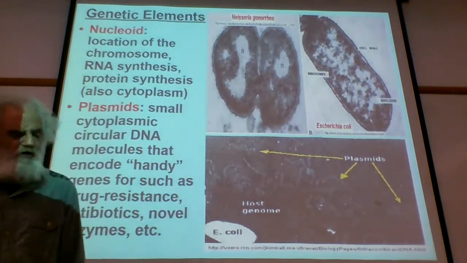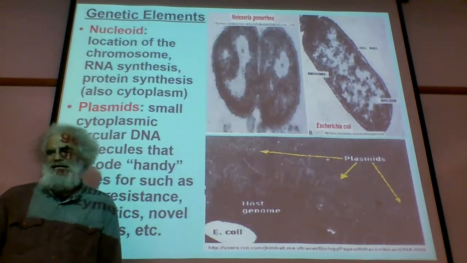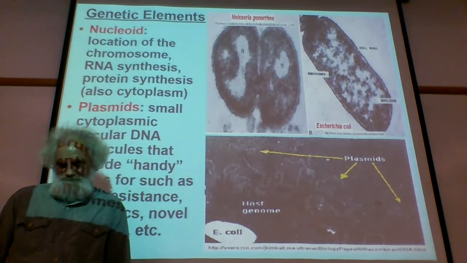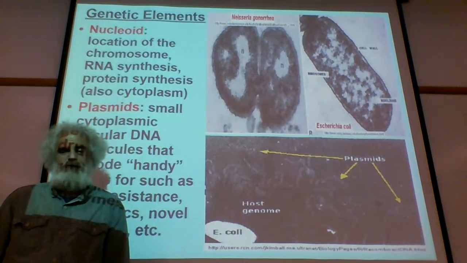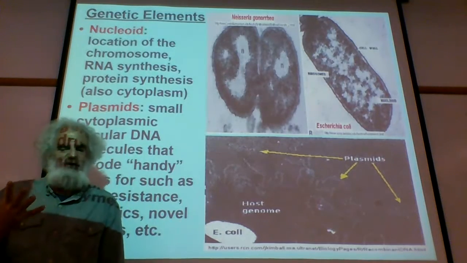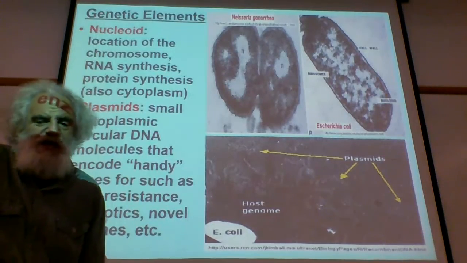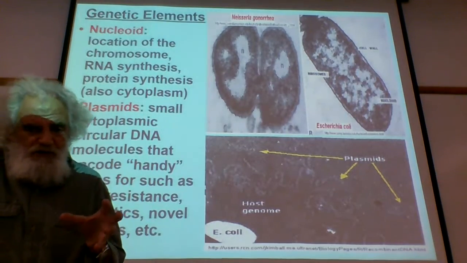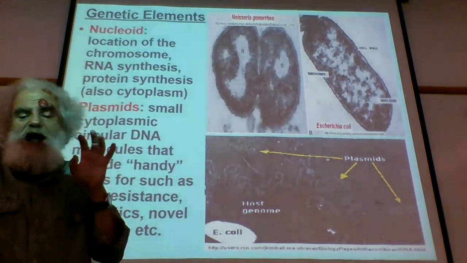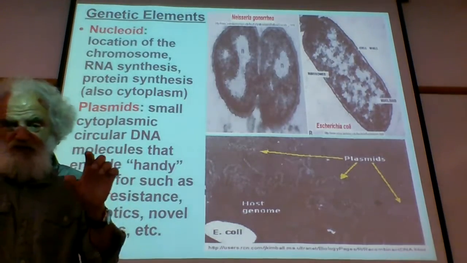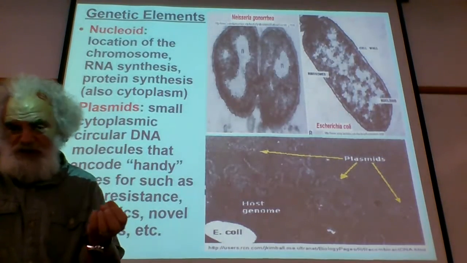So another component that we don't want to forget in the cytoplasm is the genetic material. That is the DNA and the RNA. So in eukaryotes, you and I, we've got our DNA arranged in chromosomes and stored in the nucleus.